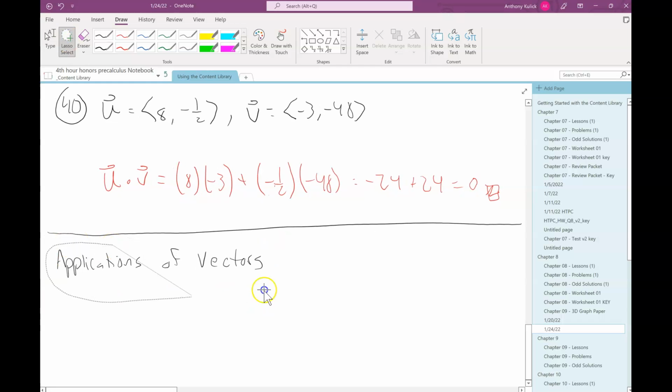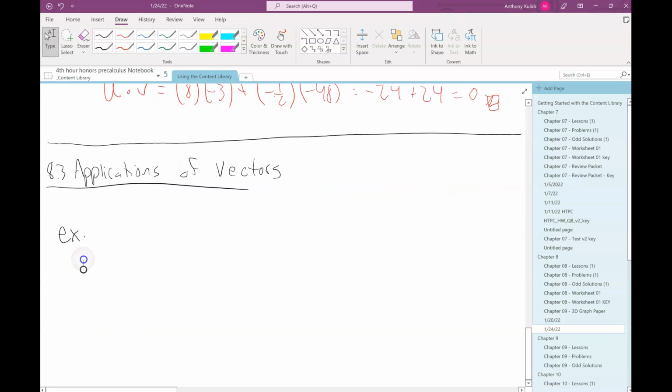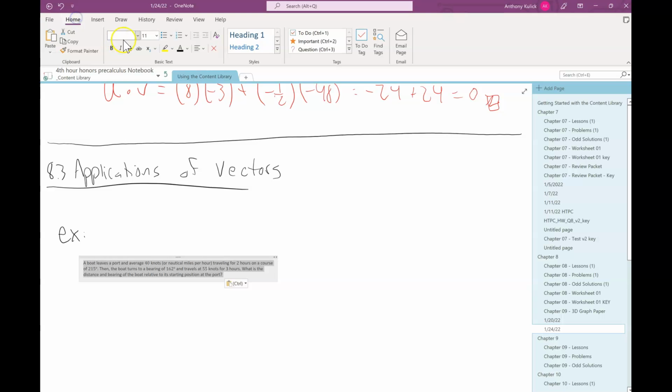Our first application is just going to be using vectors to do these navigation problems that we had done first semester.